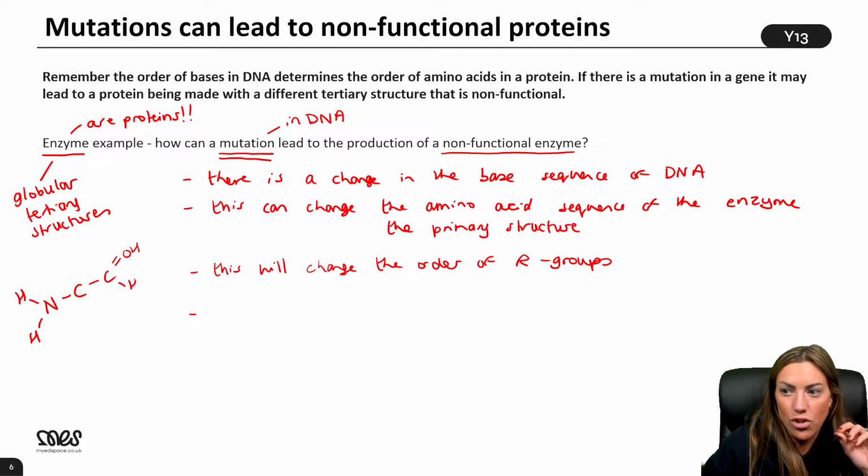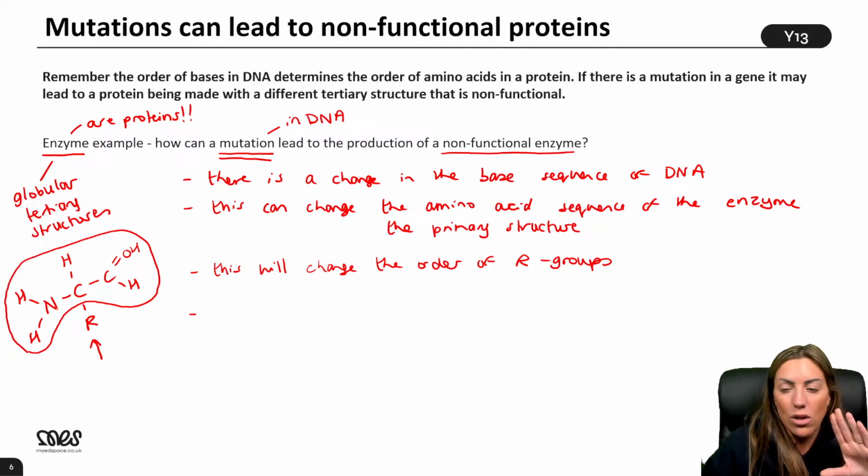Here's the general structure of an amino acid. So all amino acids have the same parts here. They all have the amine group, the central carbon, the hydrogen and the carboxyl group, but they all have a different R group. That's what makes each amino acid different.